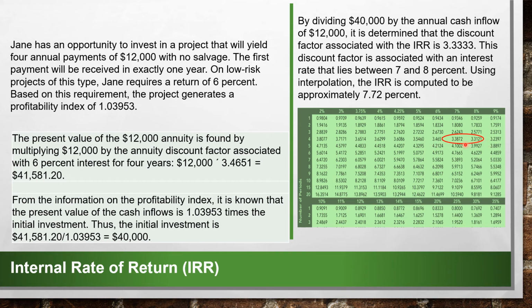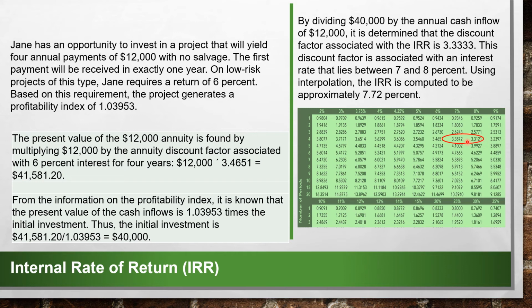It lies between 7% and 8%. Take note that we are looking at a 4-year time period. Just look at the table, if the table is given in the problem. Look at the number of years, then look for your discount rate, the discount factor associated with your IRR.